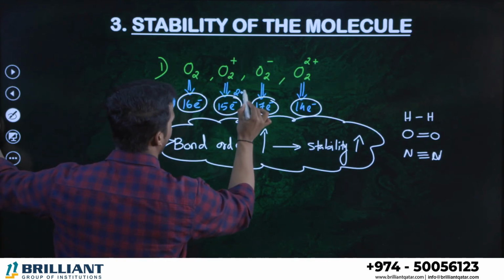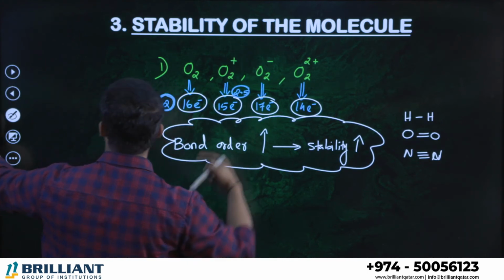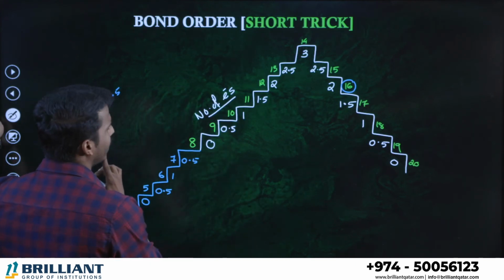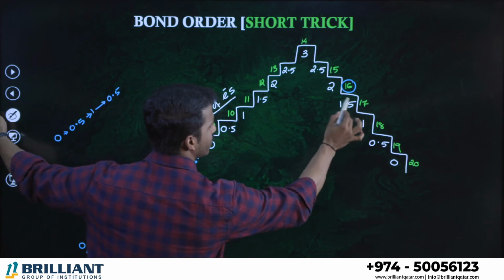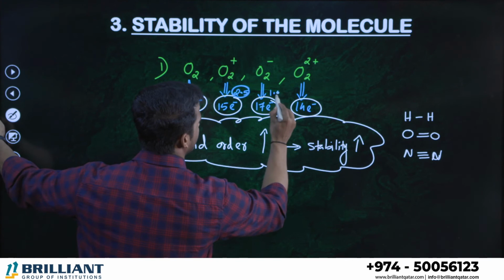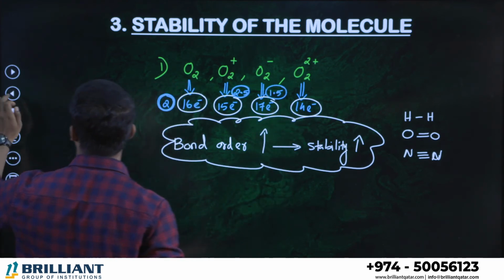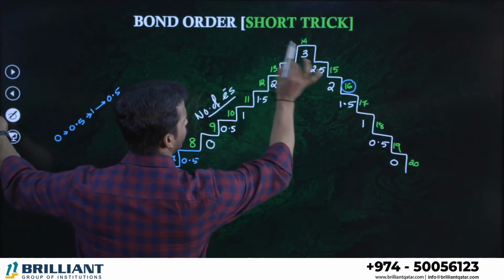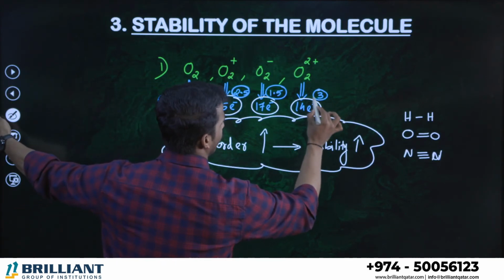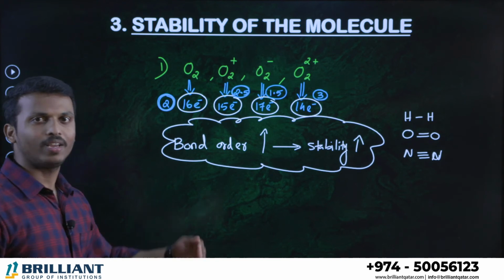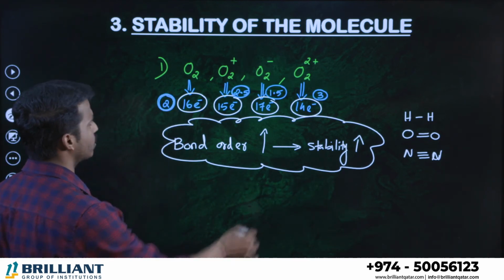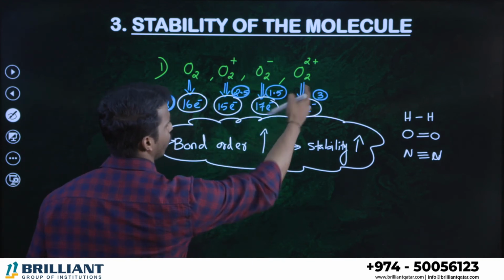For the 17 electron system, the bond order is 1.5. What about the 14 electron system? 3 is the bond order. Which one has the greater bond order, its stability is greater. So which is the more stable one? The greater one is for O2 2 plus.